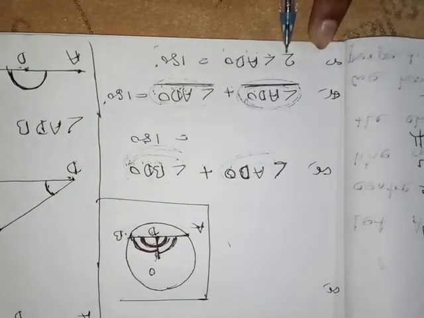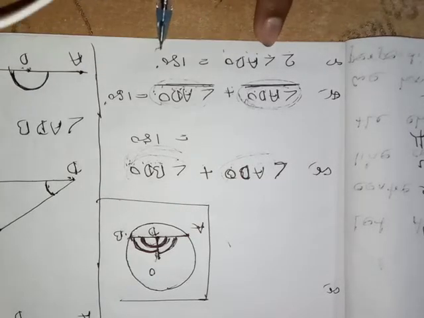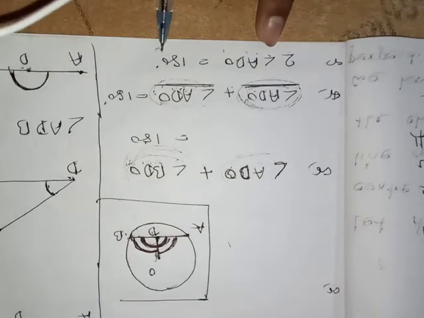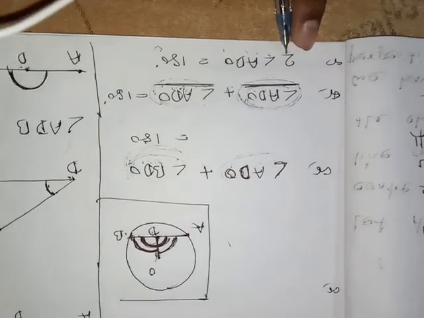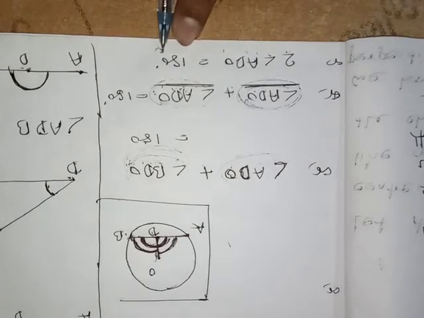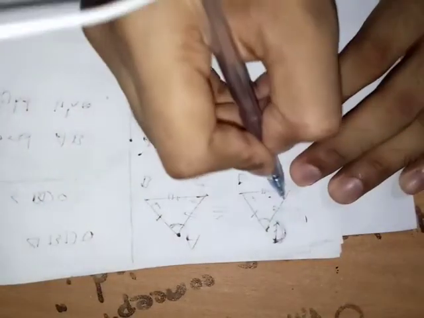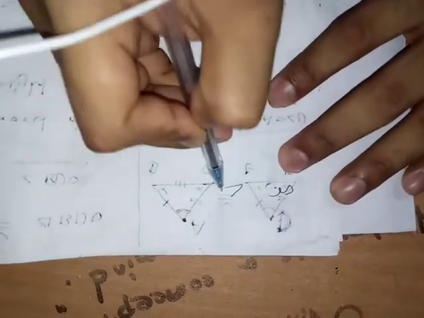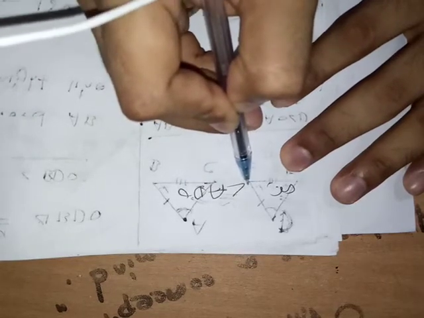Now, if we divide both sides by 2, the 2 will be cancelled out and we will divide 180 degrees by 2.